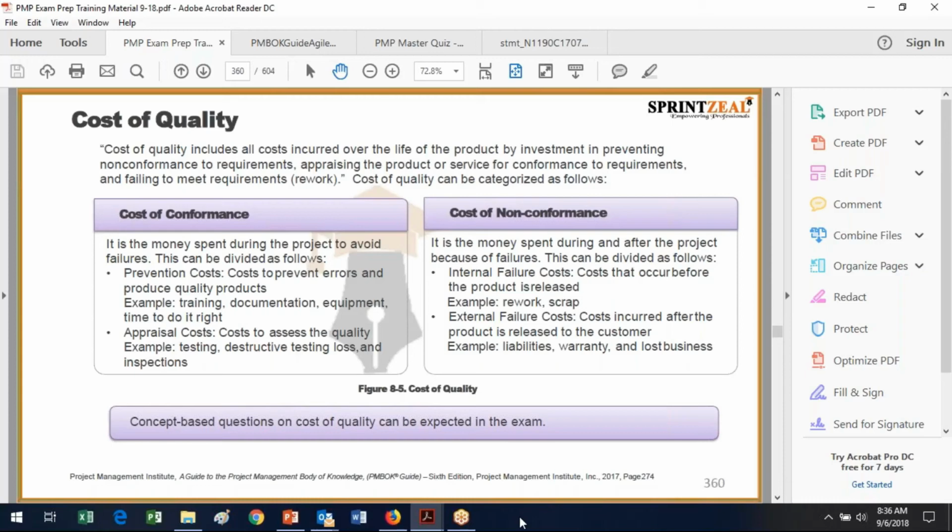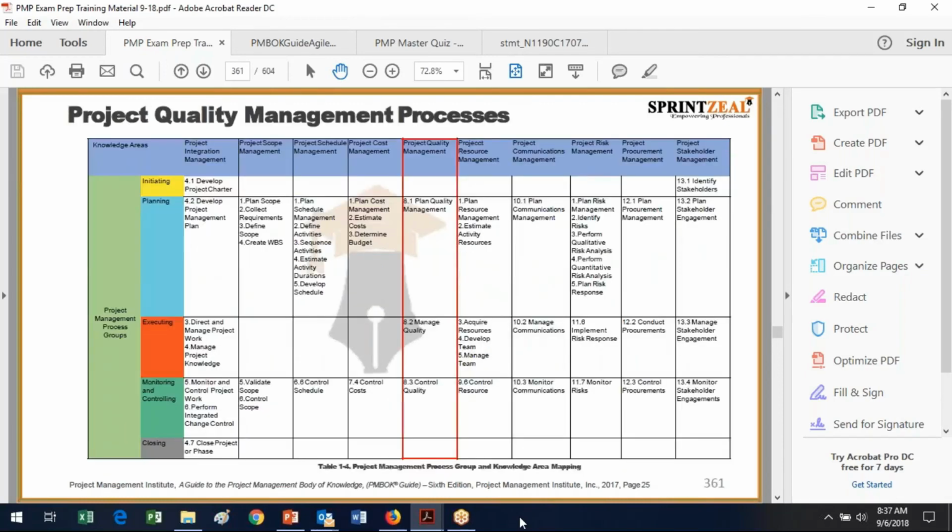So like in the case of the toy manufacturer, if you put out one video game that's glitchy or that fries people's systems, then anything else put out by that manufacturer is going to be suspect. So basically you're going to be quizzed on the cost of quality. Basically, we've got the two components, and you may have to identify which would be part of the cost of conformance to quality or the cost of non-conformance.